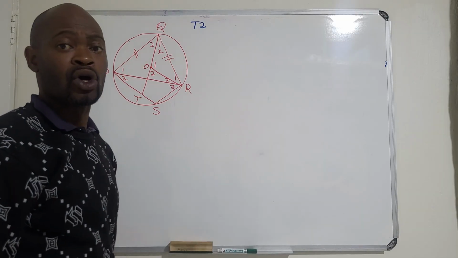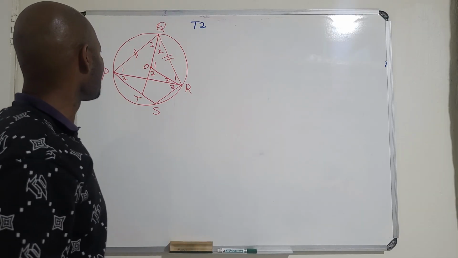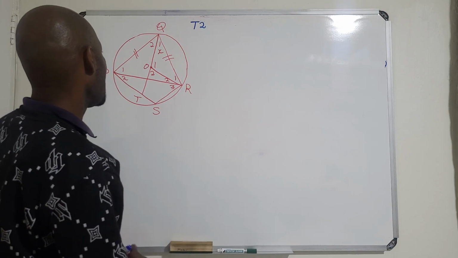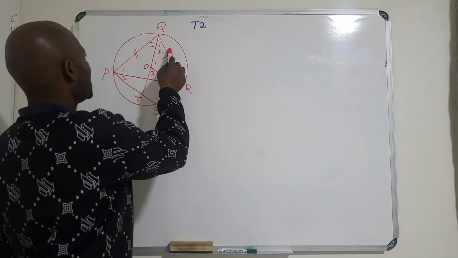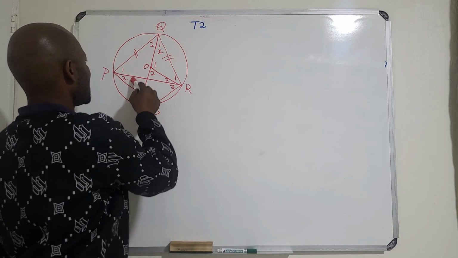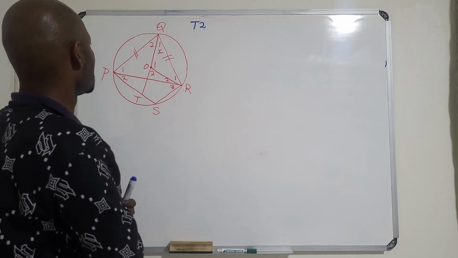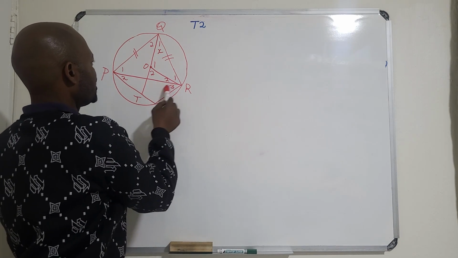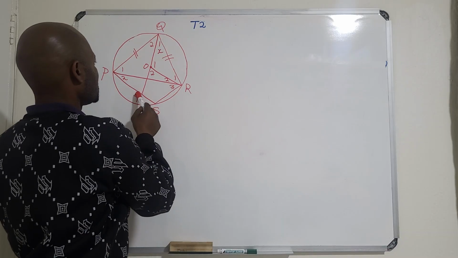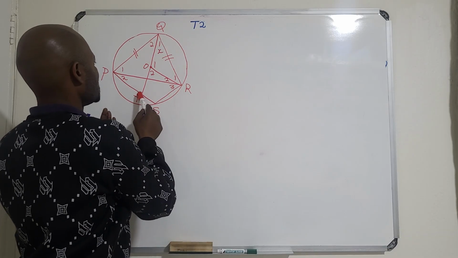Theorem number 4, do we have angles in the same segment? Let's look. One might think that this angle and this angle are in the same segment. But no, they are not. Look at this angle. It is subtended by this; we can put a line there, which is TR.